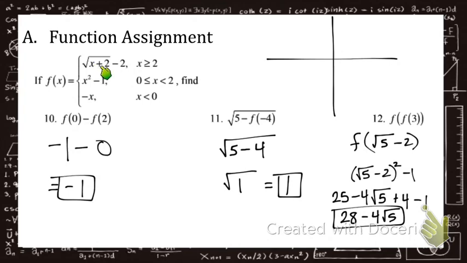The square root function shifted to the left 2 and down 2 would be right here, and then kind of hooked up over like this. The only problem is that they only want it when x is greater than or equal to 2, so I actually don't care about it at all over here. So I'm going to go ahead and erase that again.